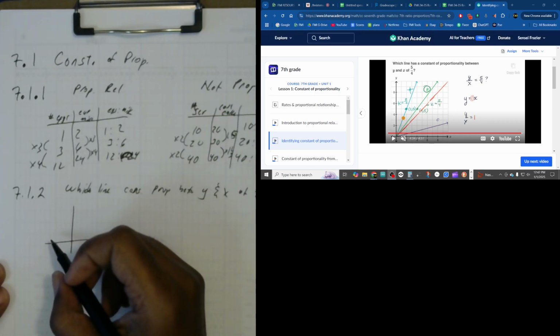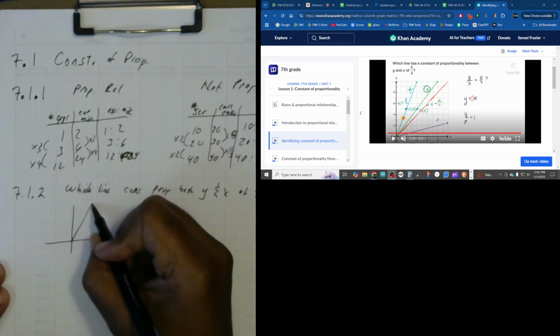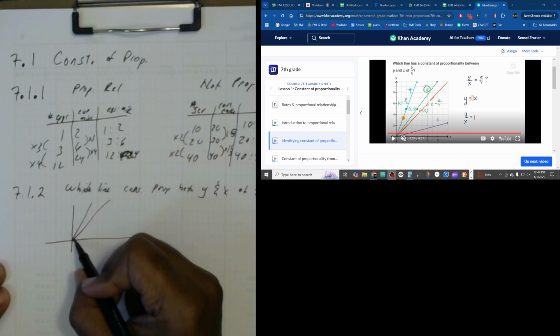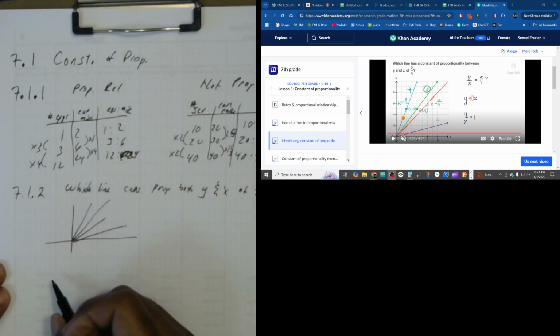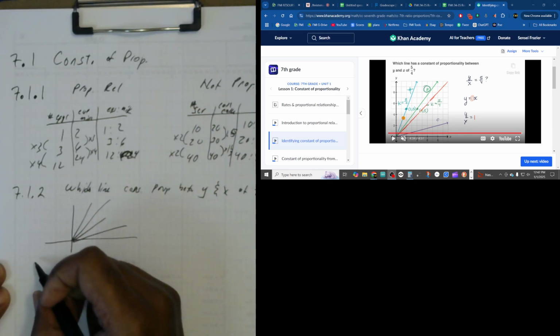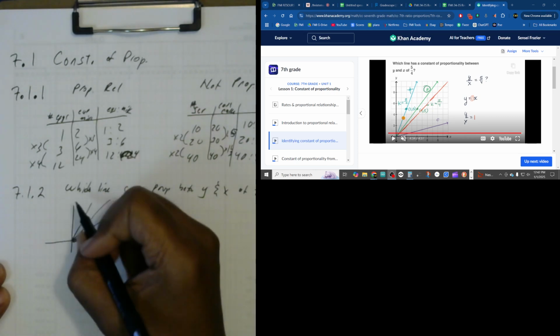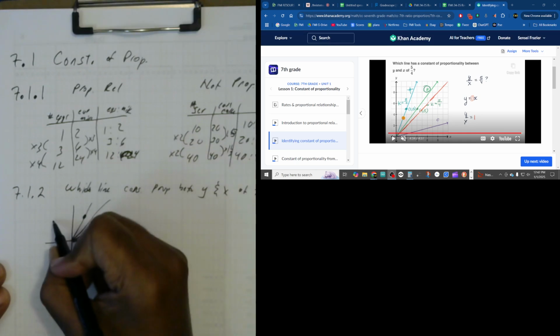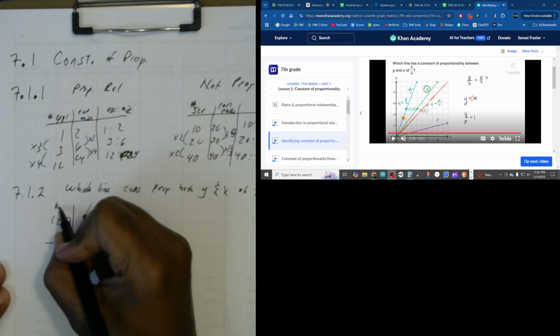There are 4 graphs, so I'll put 1, 2, 3, 4, and we have a point right here that's in blue, and the point is labeled as 2, 5, and the K is labeled as 5/2.